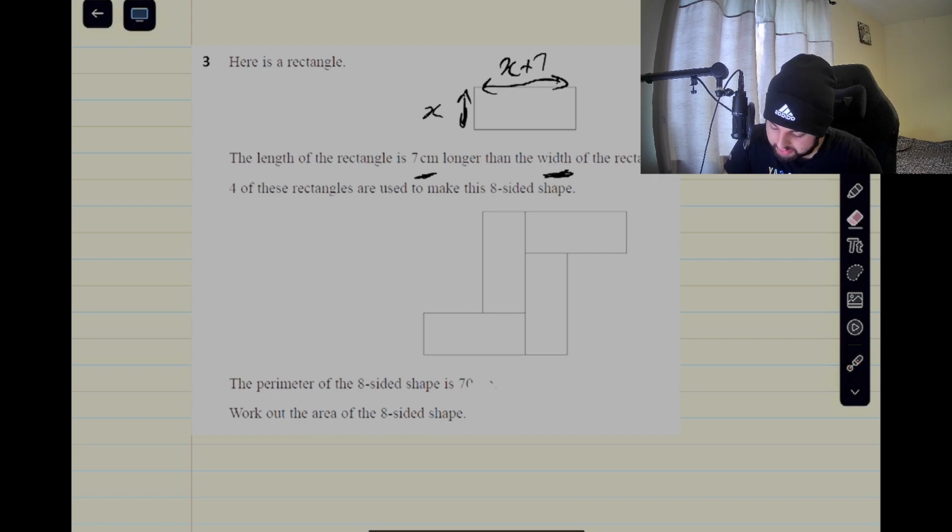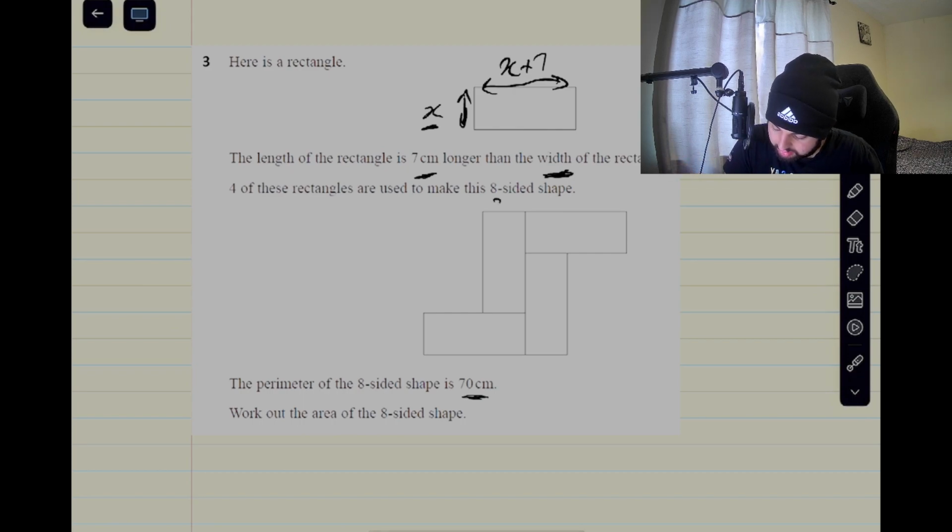Because we know the perimeter, we can use this perimeter to figure out the value of the width, which is x. To figure out the perimeter of a shape is basically adding up all the sides. So we know that the width is x, and the length is x plus 7. Using that, we can derive an equation for the perimeter.